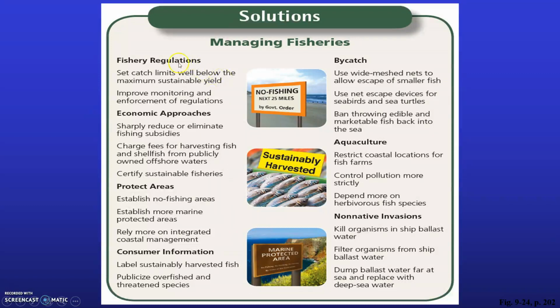We can improve monitoring and the enforcement of marine law and protective measures that are being set into place. In addition, there are some economic approaches where we can eliminate fishing subsidies or charge fees for harvesting fish and shellfish from publicly owned offshore waters, and certify sustainable fisheries.